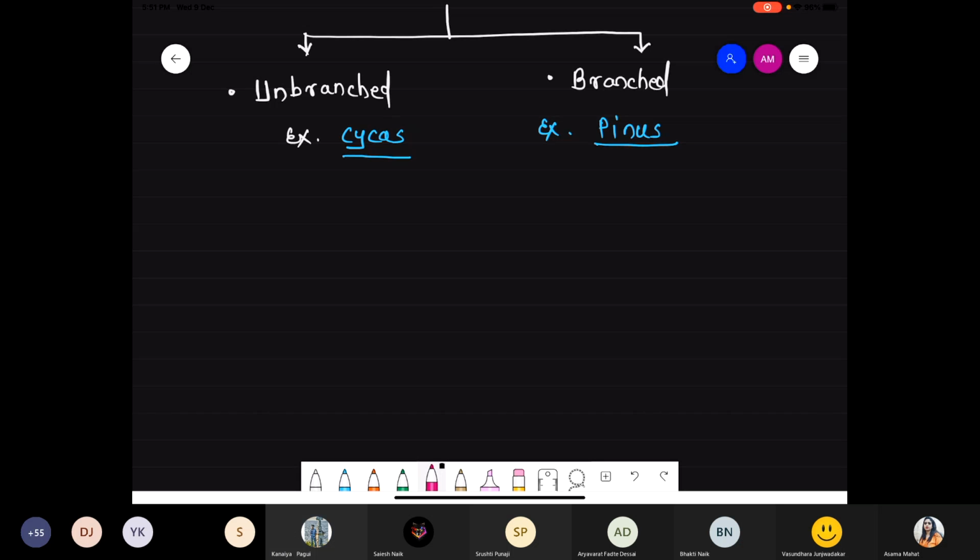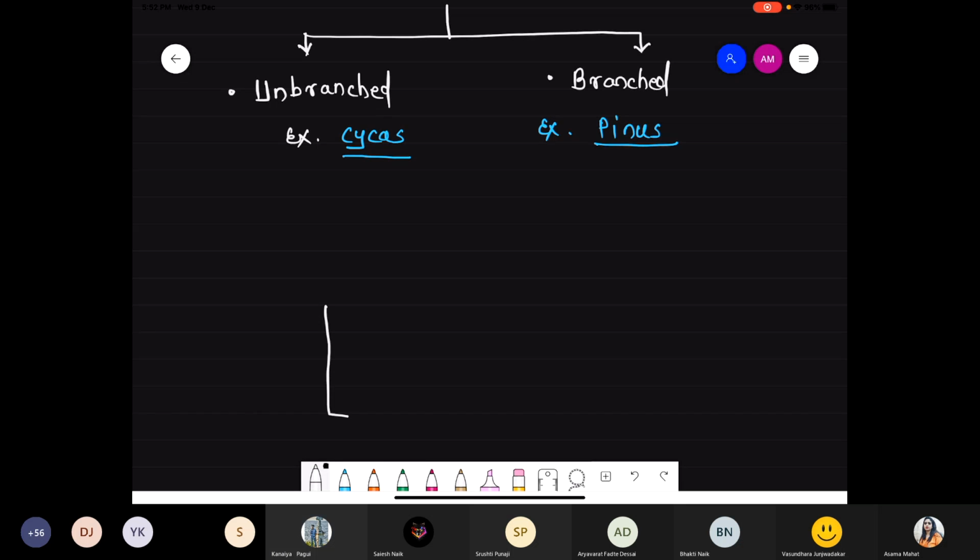So there is a presence of this stem. Next point, there is a presence of the area.